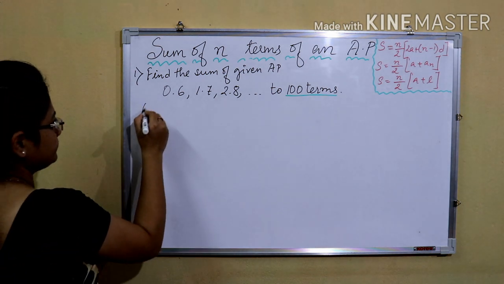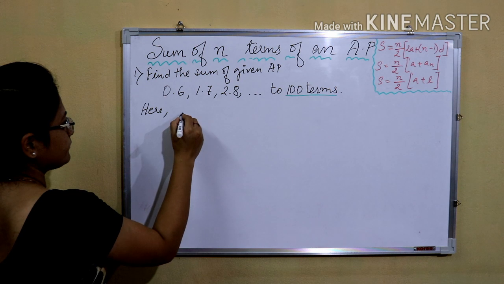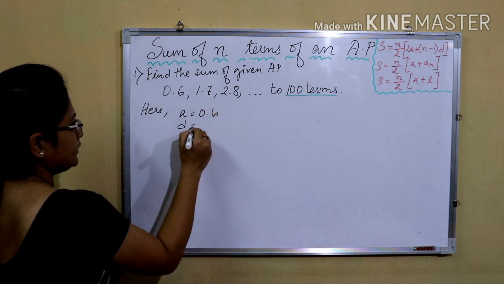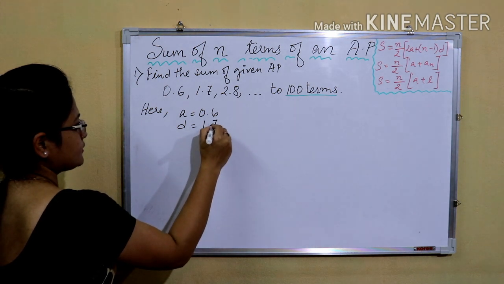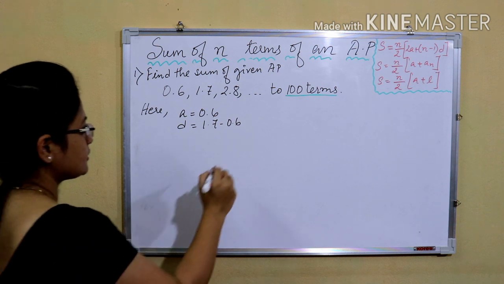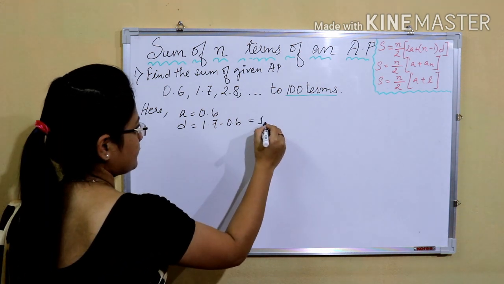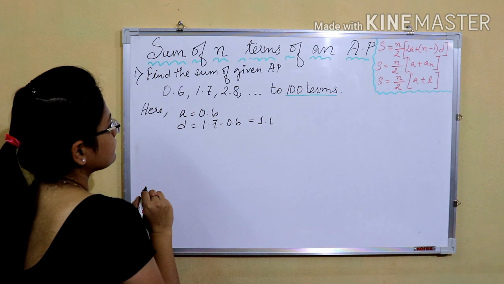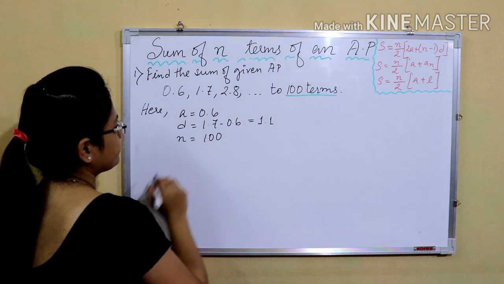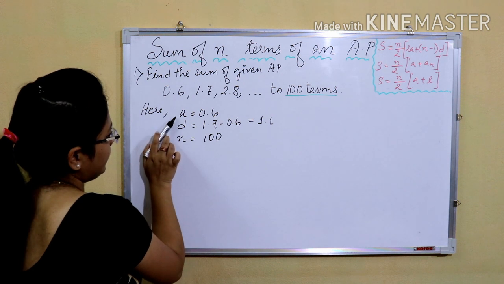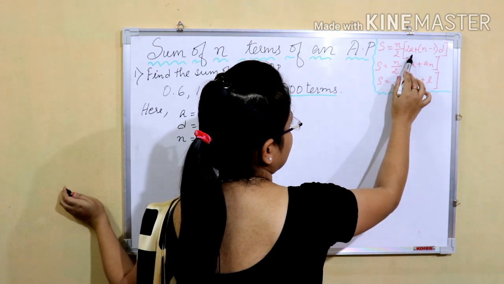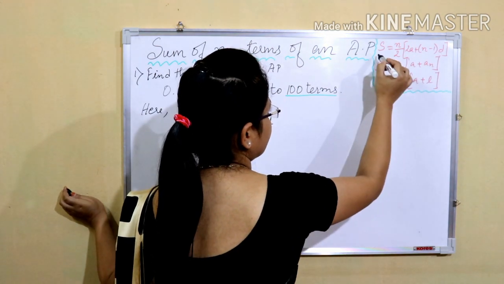So here a is 0.6, d you have to find as second term minus first term, that means 1.7 minus 0.6 will give you 1.1. And n is 100. So we have a, d and n. So we'll be using the first formula.